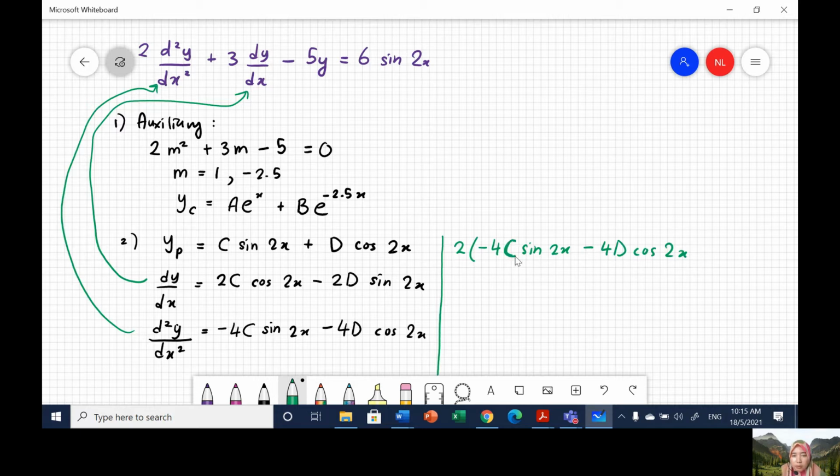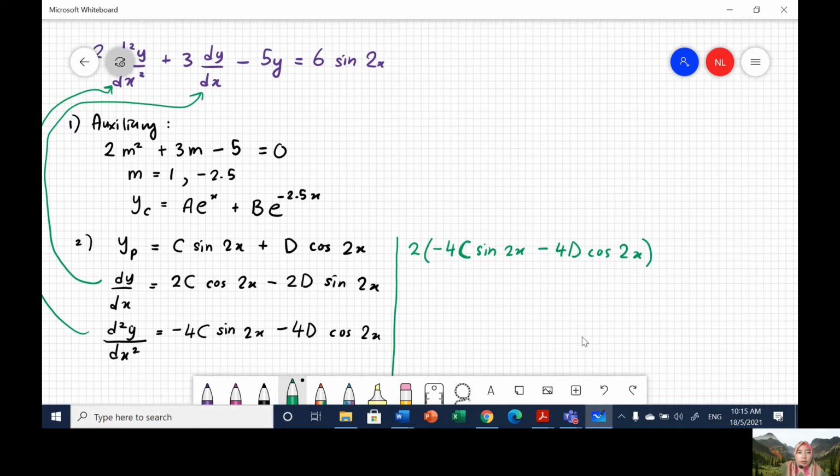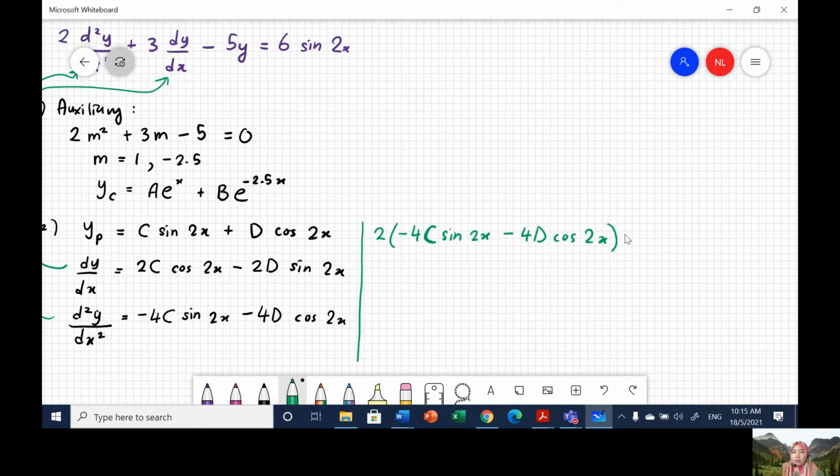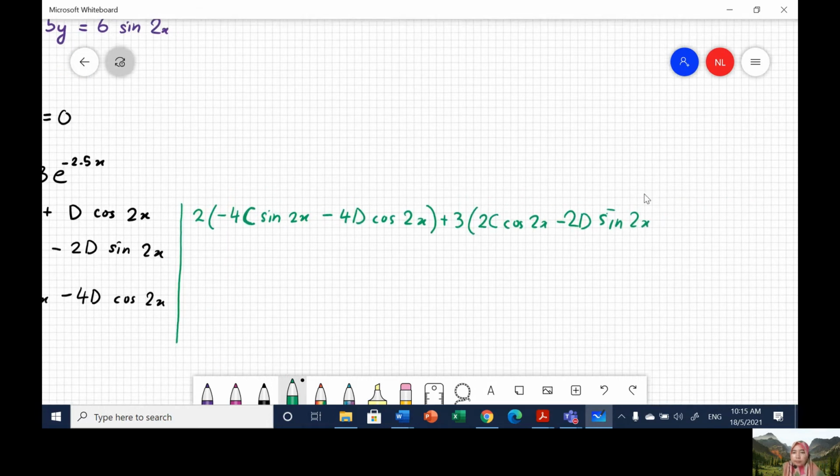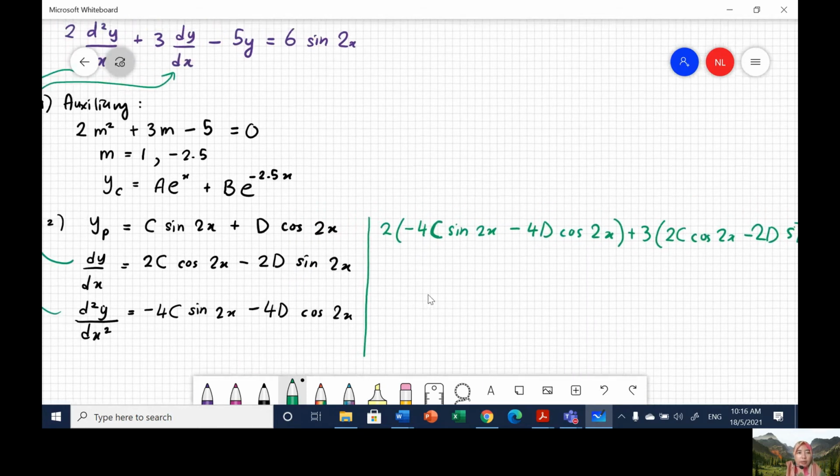This is for sin. Okay, and then plus 3, first derivative is 2c cos 2x minus 2d sin 2x. Okay, minus 5, yp. What is the yp?